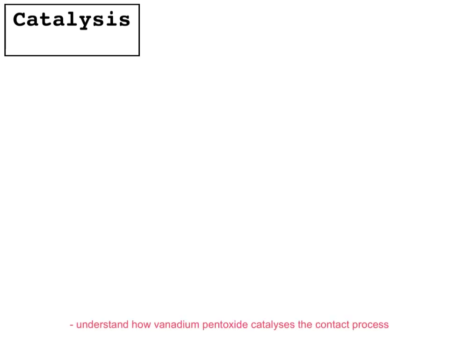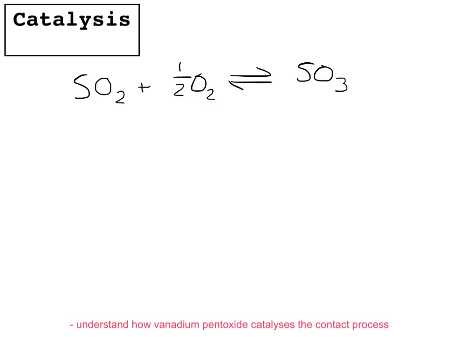So there are a number of different examples that you need to know of catalysts working, and one of those is vanadium pentoxide catalysis in the contact process. So the reaction in the contact process that actually gets catalysed is sulfur dioxide reacting with oxygen, and it's actually in equilibrium with SO3. And the catalyst that's used just makes the equilibrium get there quicker.